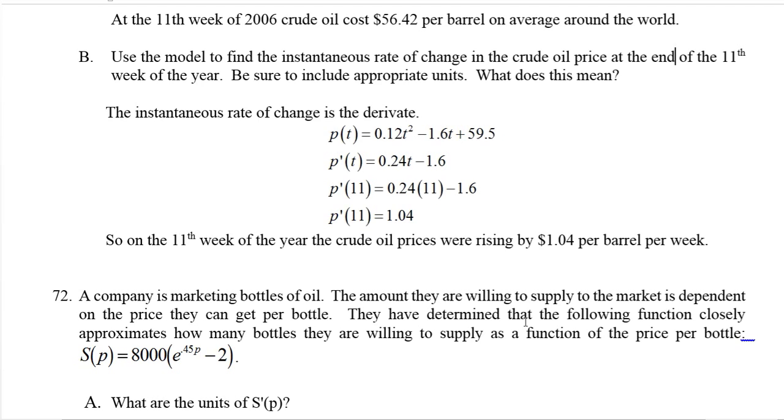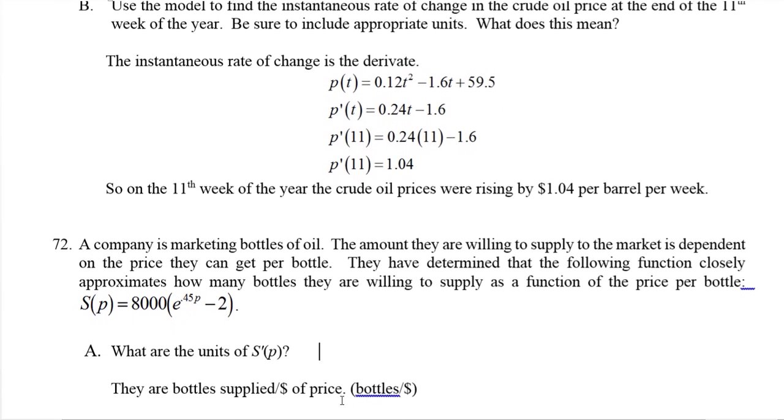What are the units of S prime of P? Well, they're the units of S divided by the units of P. S is the number of bottles that they have, and P is the dollars per bottle.